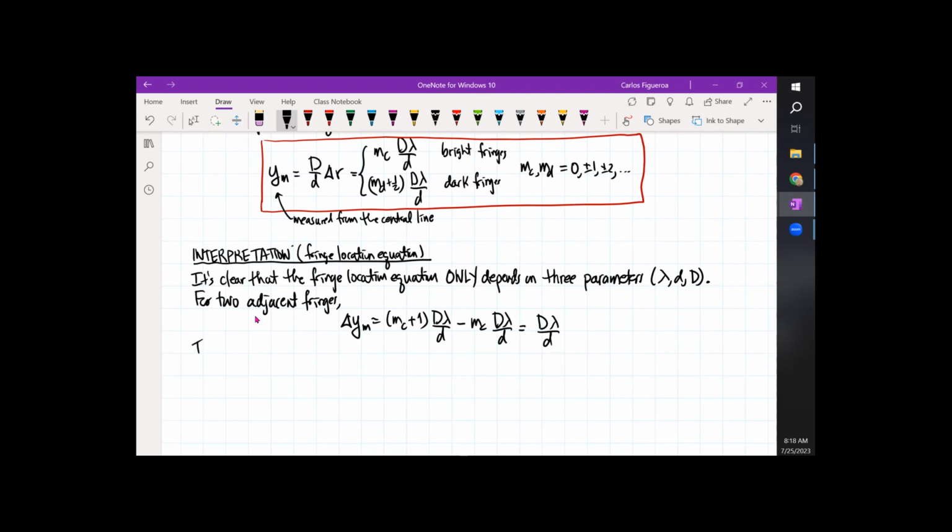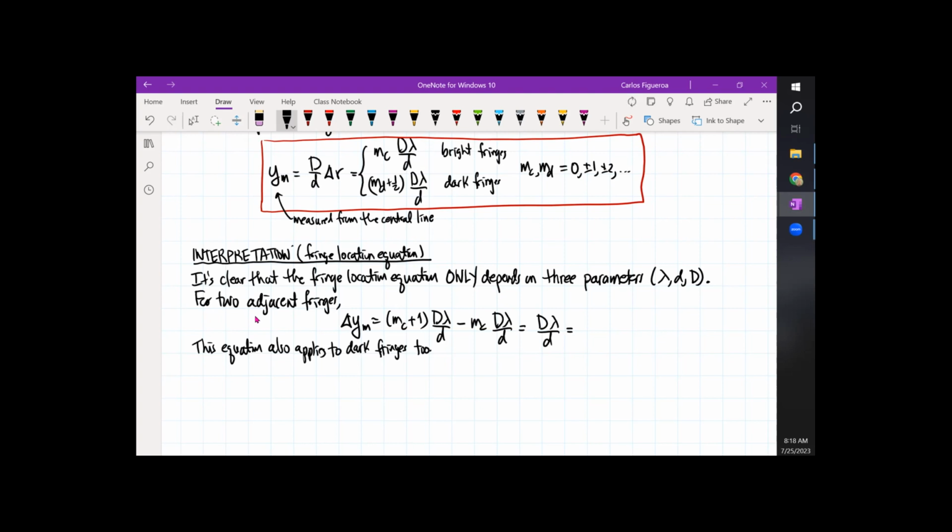So this equation also applies to dark fringes too. So I'm going to use this equation right here.